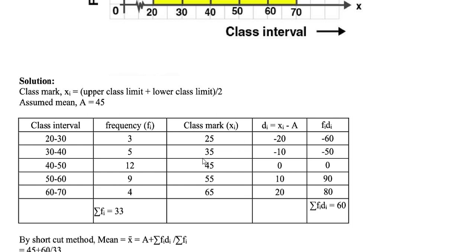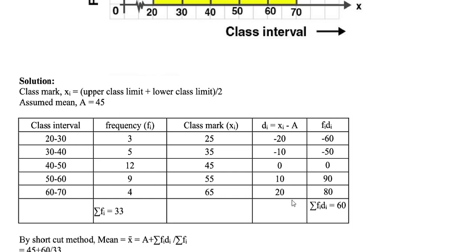Generally we take the middle one as the assumed mean, so 45 will be the assumed mean, but you can take any of the figures as the assumed mean. That is not creating any problem. So here the assumed mean is 45. We write the first one 25 minus 45, the next one 35 minus 45, the next 45 minus 45, just like this.